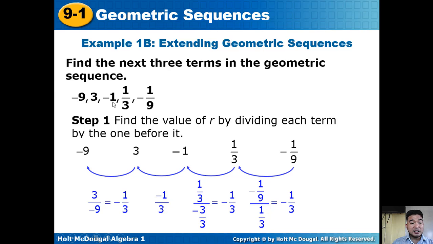And then negative 1 divided by 3 is equal to negative 1/3. Then 1/3 divided by negative 1 is equal to negative 1/3.